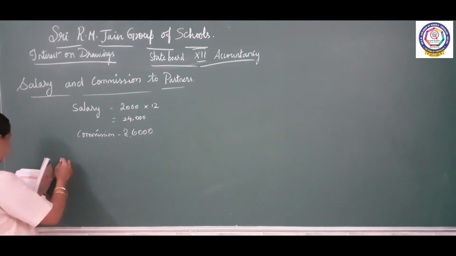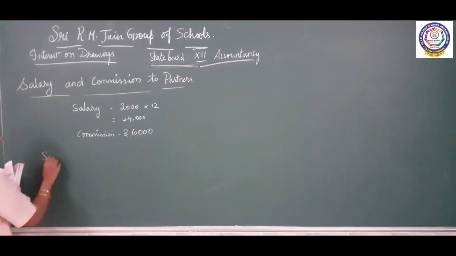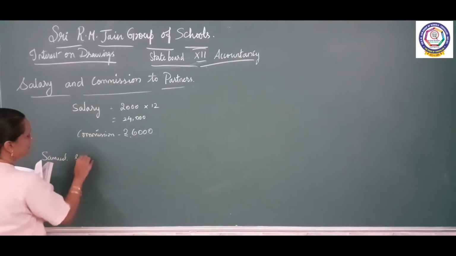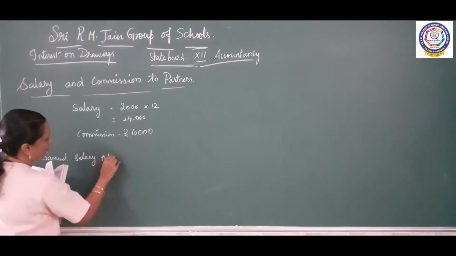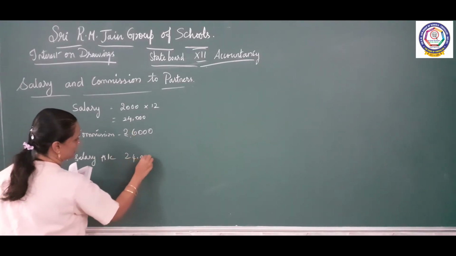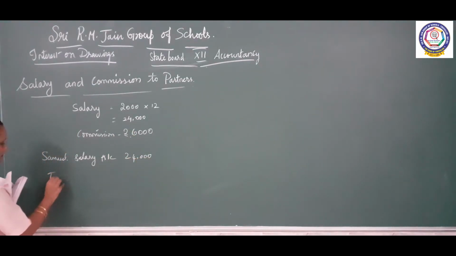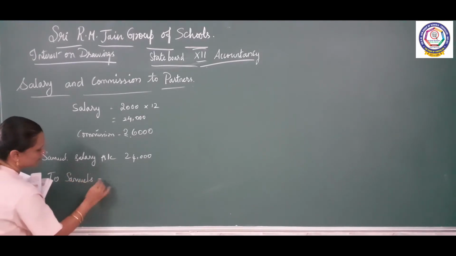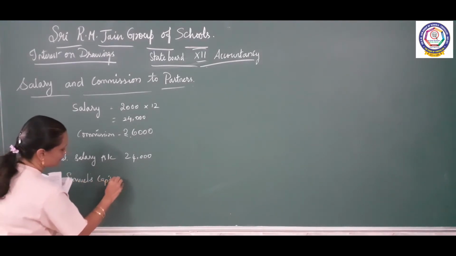So in the journal, what should we do now? Samuel's salary account debit, isn't it? How much? 24,000 to Samuel's capital account. Why?